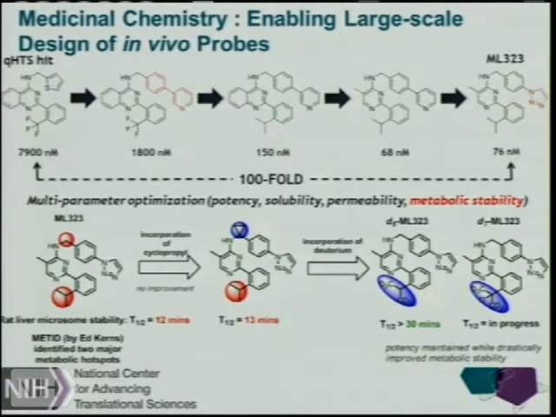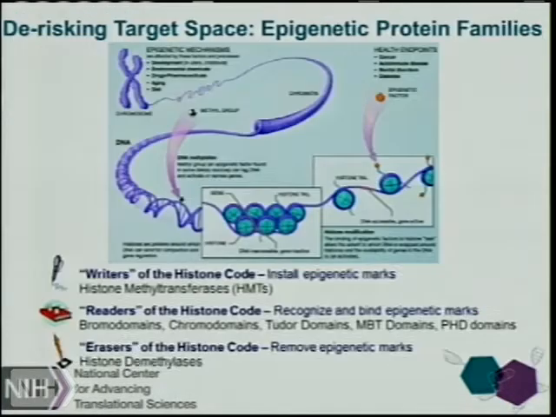The molecule cannot be very unstable, such that you would have a very short half-life. So modifications can be made to make it more stable, remove some metabolic liabilities, and so on.